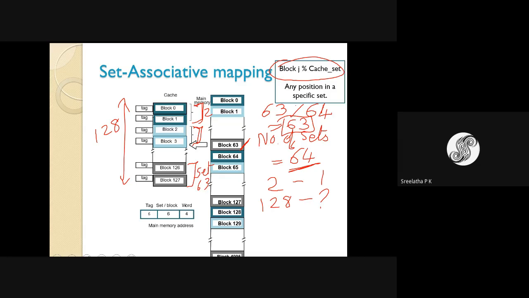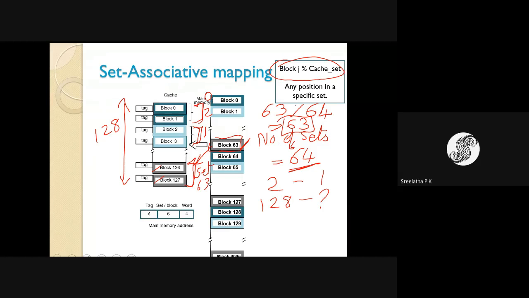This is set 0, start from 0. This is set 1, and this last set is set 63. So you can observe the color. Block 63 is mapped to these 2 blocks of set 63, and block 63 will be present in block 126 or 127. So that is set associative mapping.